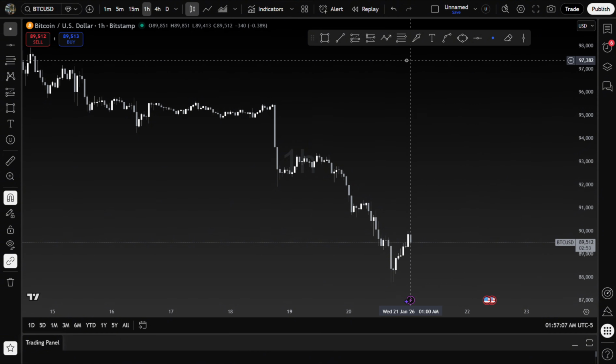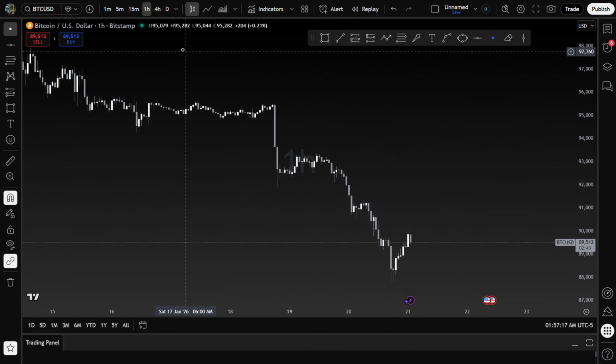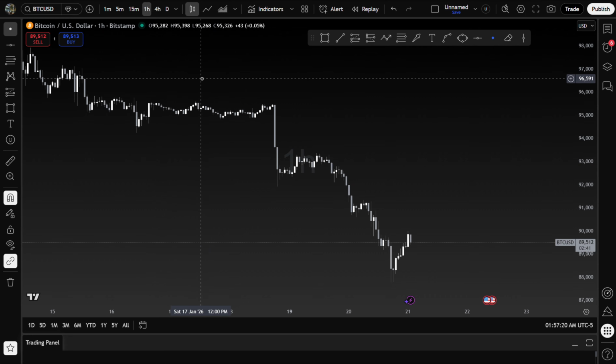So speaking of indicators, we're going to keep this simple. Price always comes first. If you want to use indicators, start with just one or two: a moving average or a volume to see participation.